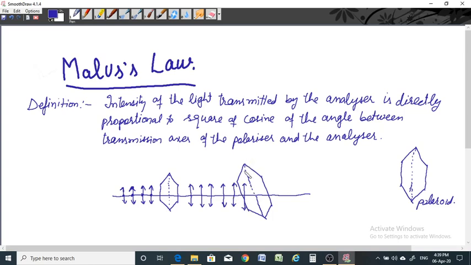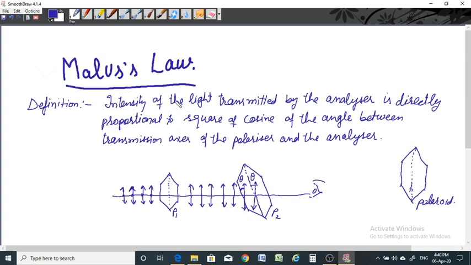Now if we expand it, it is making this angle theta, and here we analyze this ray with our eye. This is P1, this is P2, this is the analyzer.